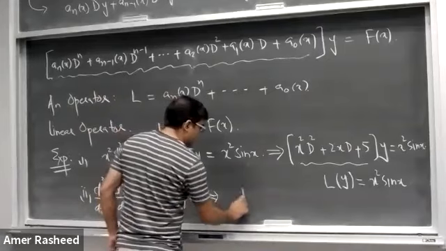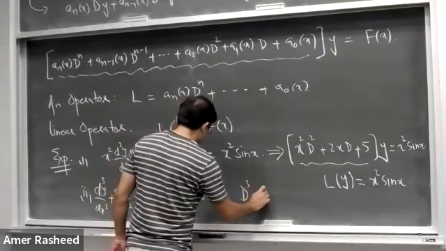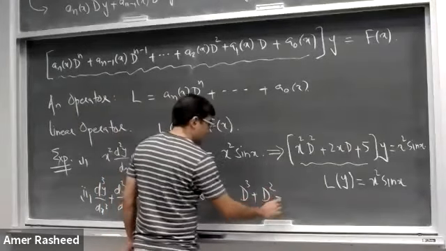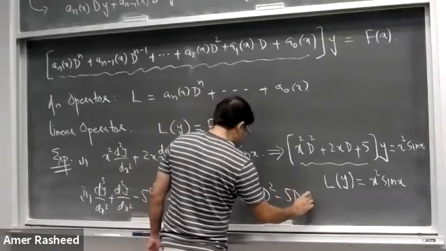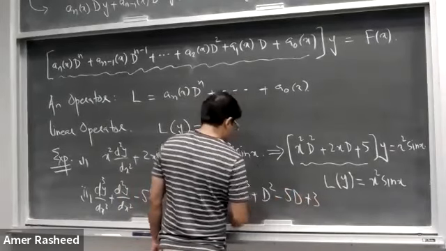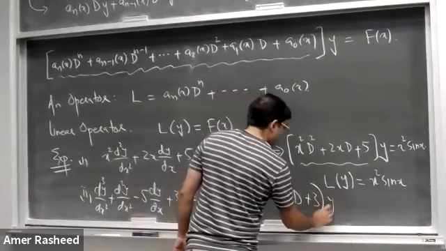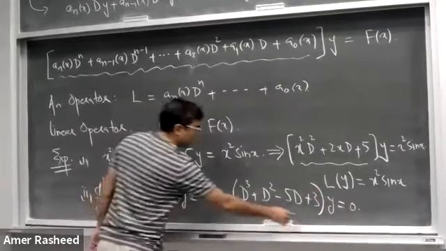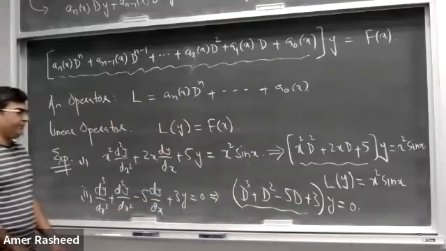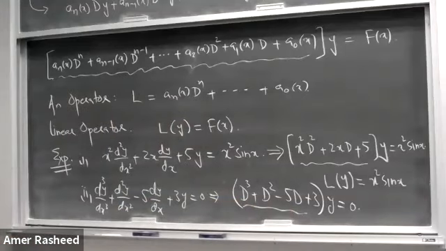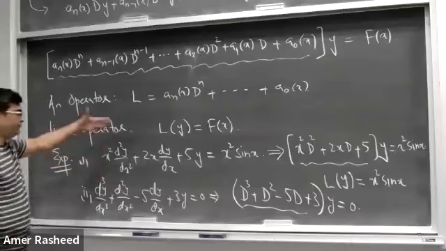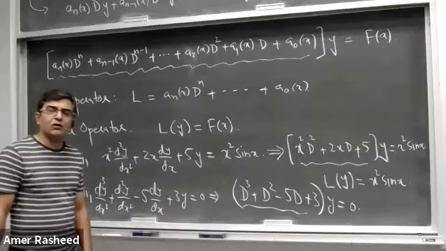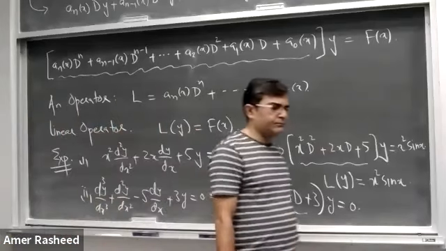So it can be written as D cube plus D square minus 5D plus 3, and this operates on y equal to 0. So this is your linear operator. I hope you get it. If you have any question, you can ask me.